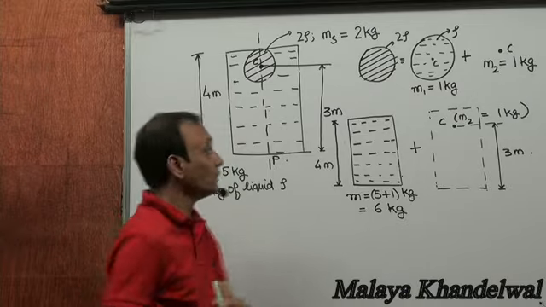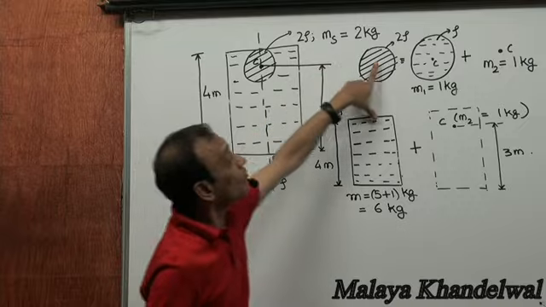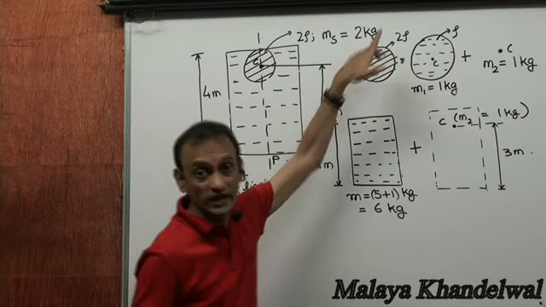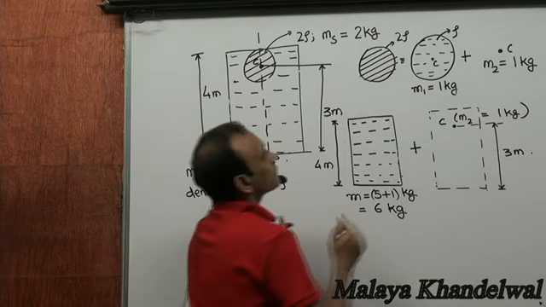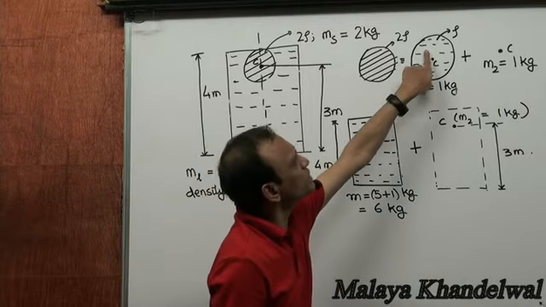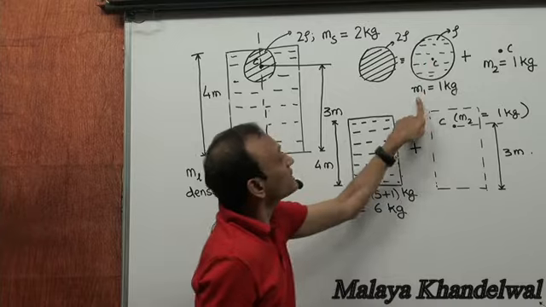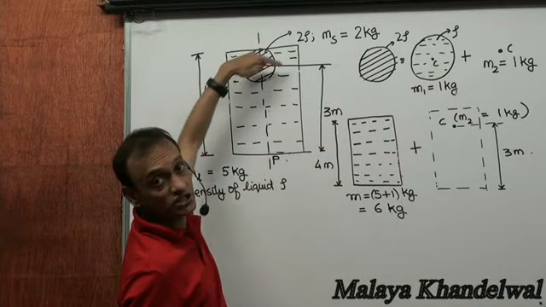Now, realize that this sphere of density 2 rho and mass 2 kgs could be looked upon as a sphere in the same volume. If I had liquid of density rho, then its mass would be 1 kg, half the mass. Yes or no? This total density is 2 rho.